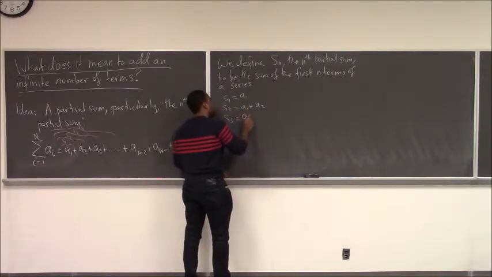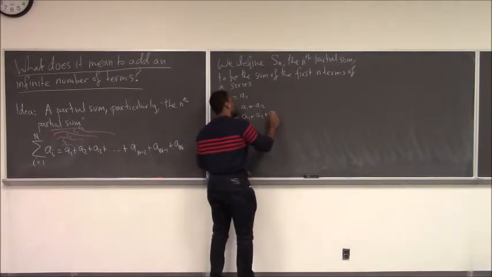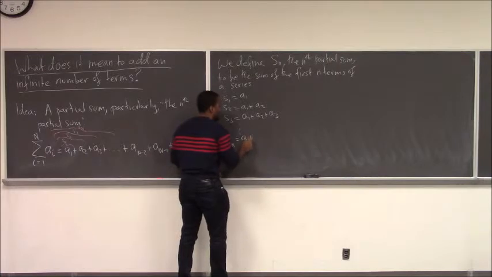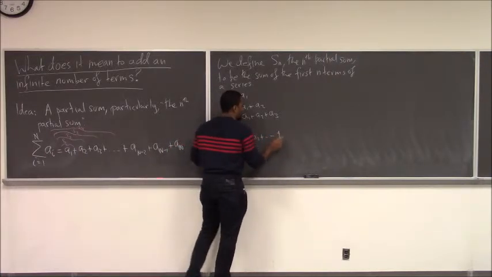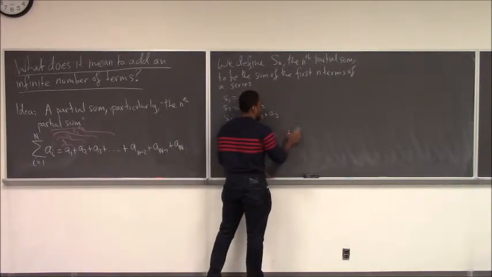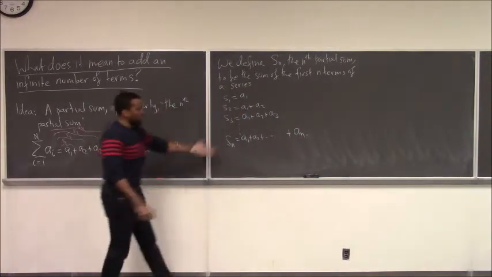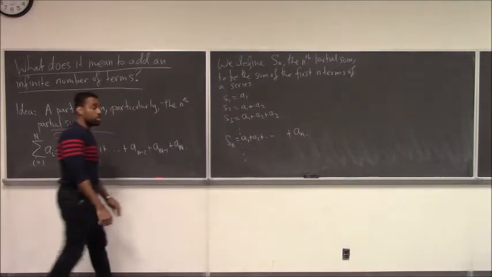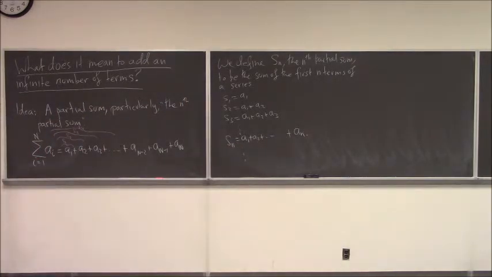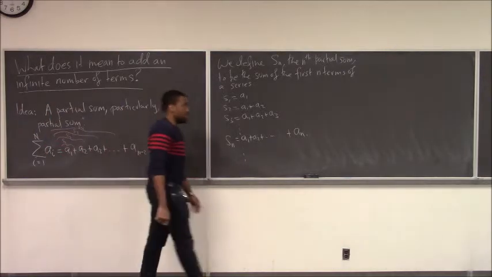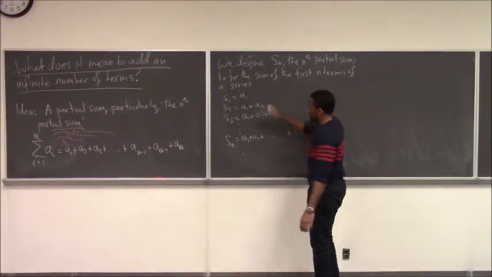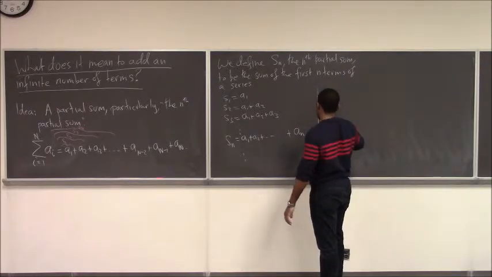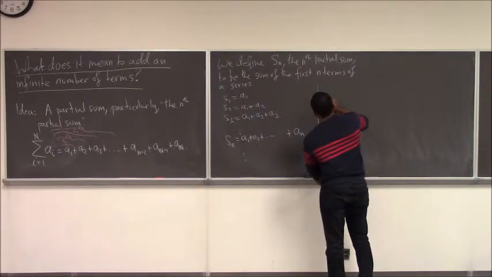S3 is going to be A1 plus A2 plus A3, and so on. And so you're going to have Sn is going to be A1 plus A2 plus all the way up to An. Okay? So these are called the nth partial sums, and you can essentially keep going if you must. Now what you'll realize is that this becomes a list of numbers that you can talk about.